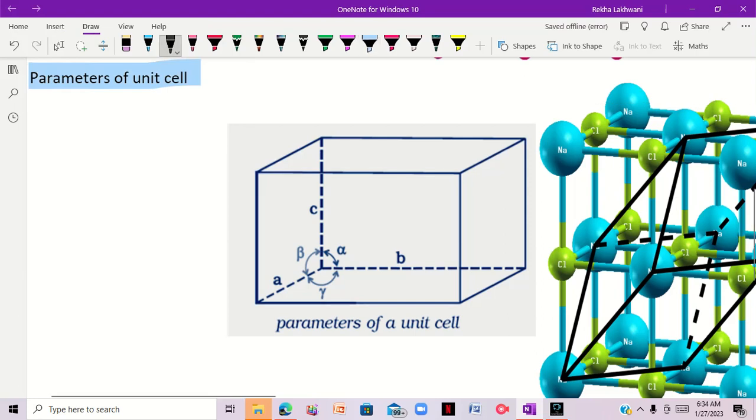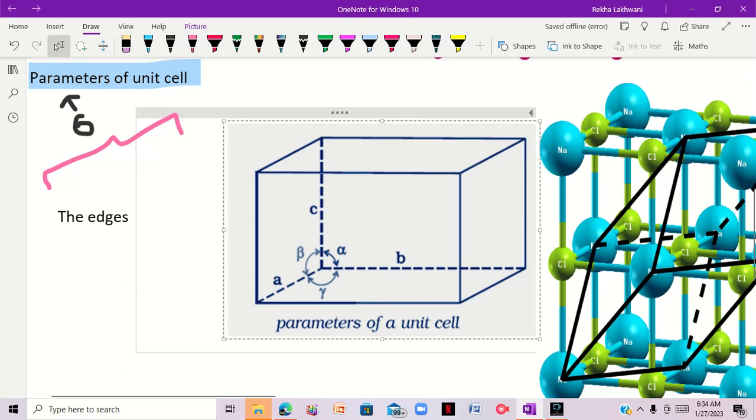So basically we have six parameters of a unit cell, which are divided into two classes.